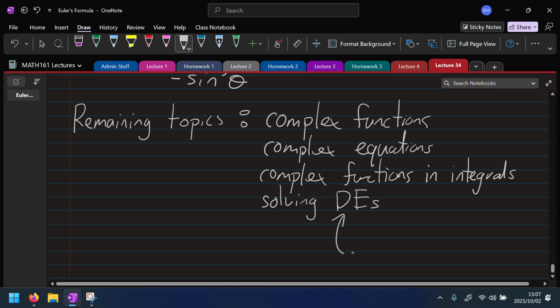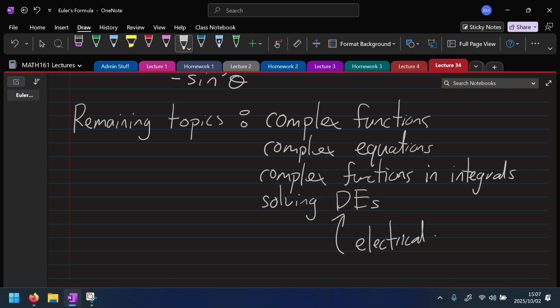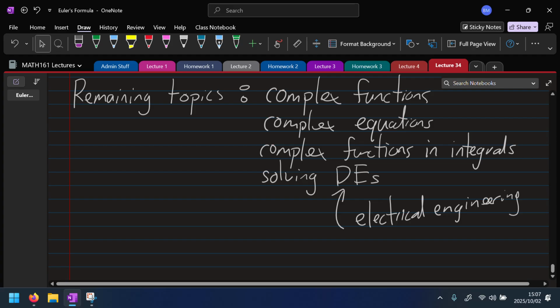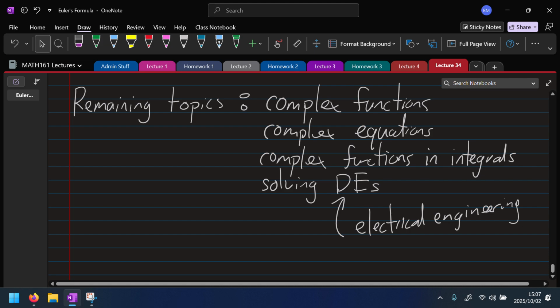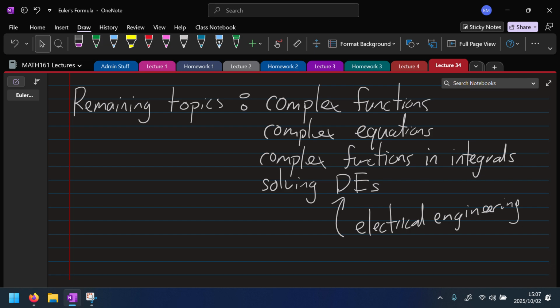Okay, and then this is electrical engineering. So specifically, you'll see that a lot. But the next physics module, so if you're doing the physics modules next year, you'll be using this. Okay, but they don't teach it to you in the physics class, so we're going through it.